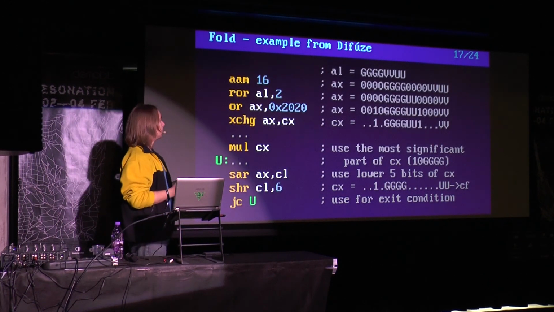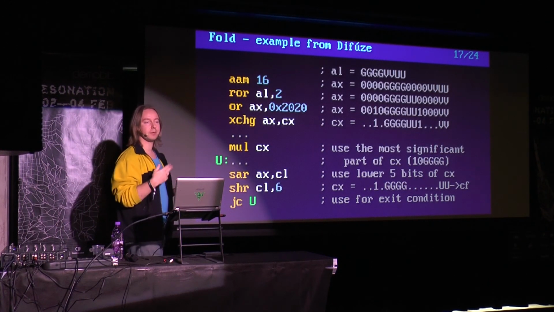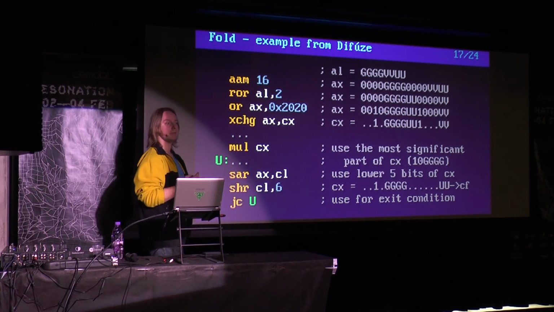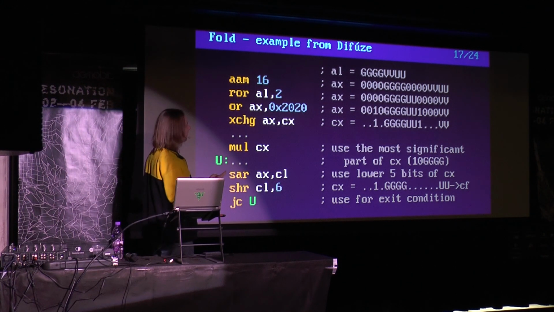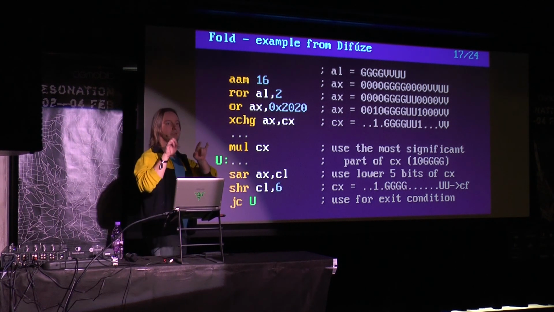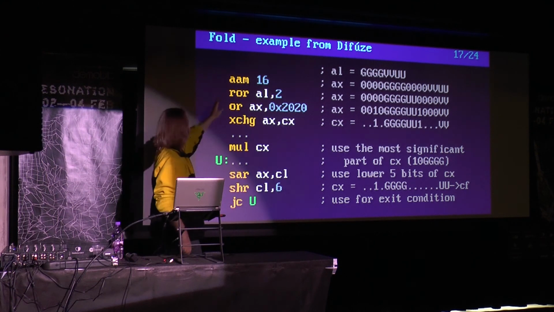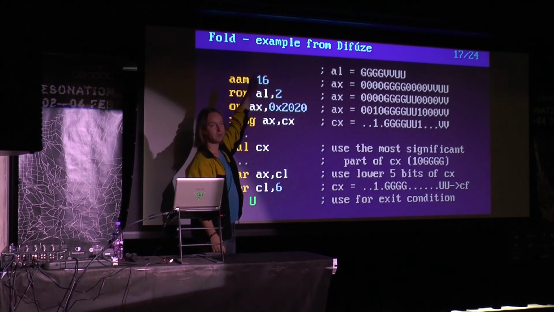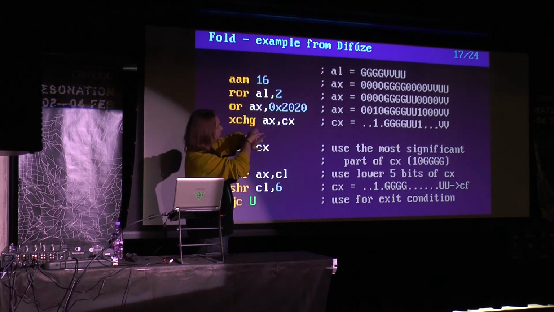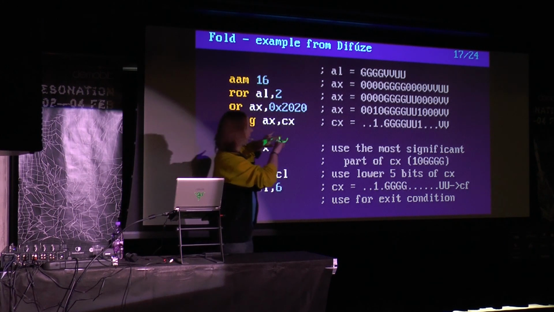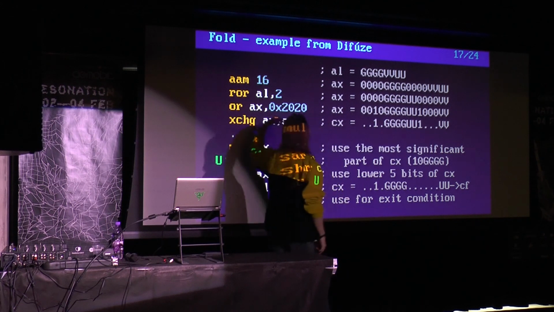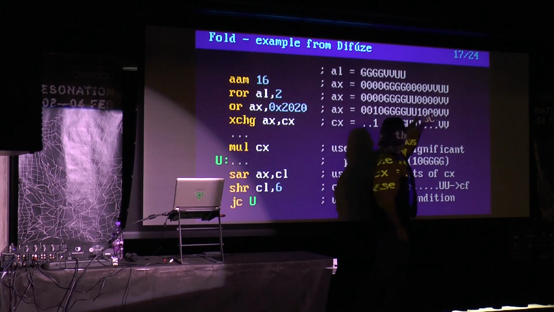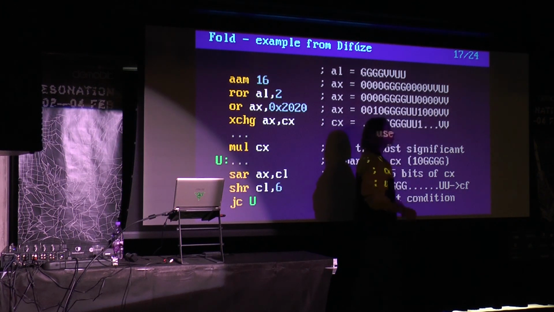So when we talk about data folding, this is an example from one of my intros. I have a parameter set stored in 1 byte, and it's divided into 3 parts. I use the small division and modulo instruction to split it into 2 parts, 2 4-bit parts, and then I add ones here. These ones serve 2 purposes.